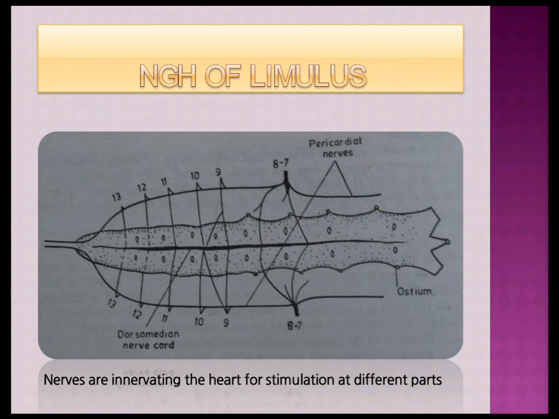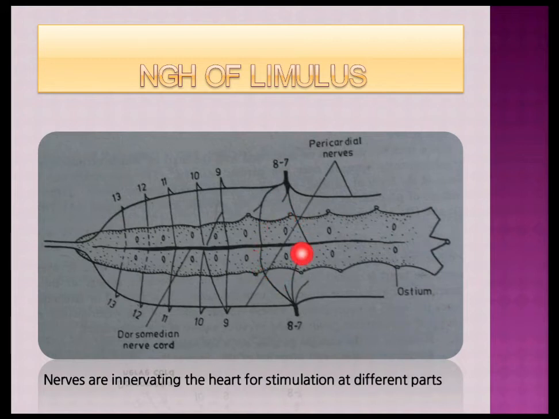Suppose you have 1, 2, 3, 4, 5 and 6 over here. First of all the impulse will travel into the ganglion number 1. It will give its nerves to this part. Now this part of the heart will contract. When the impulse reaches the 7 and 8 ganglionic nerve cells, this part of the heart will contract.